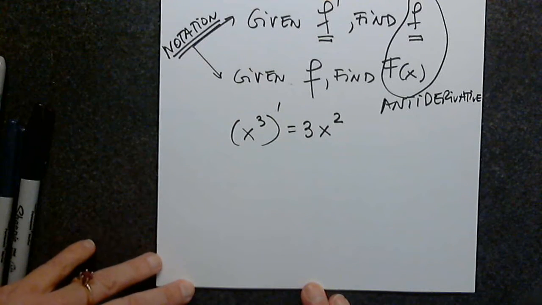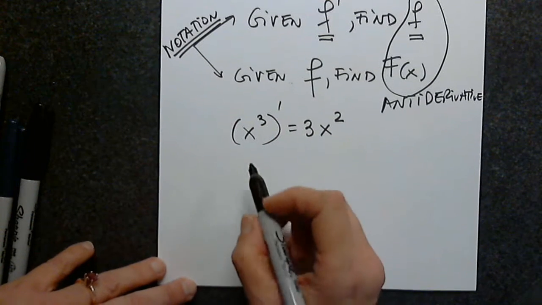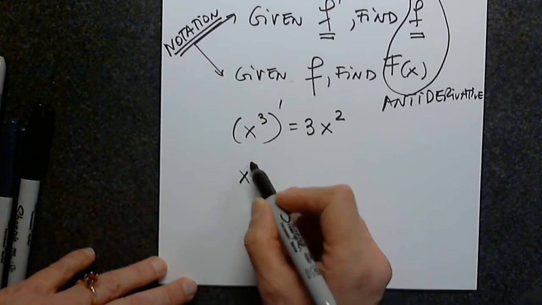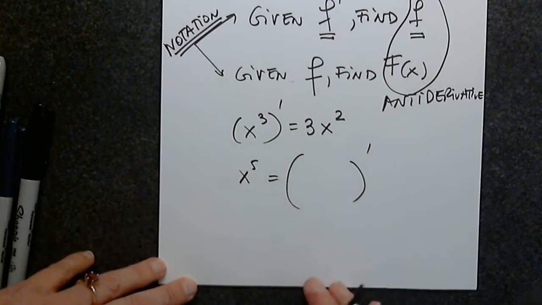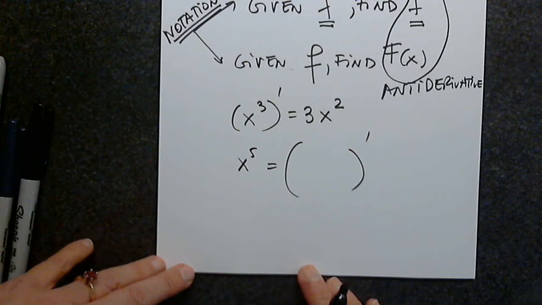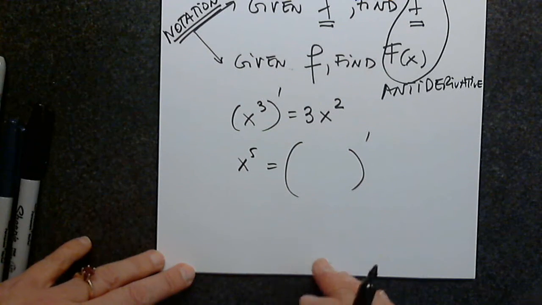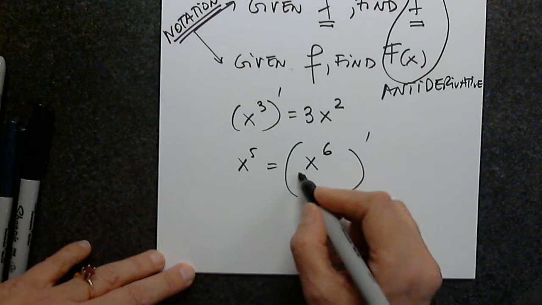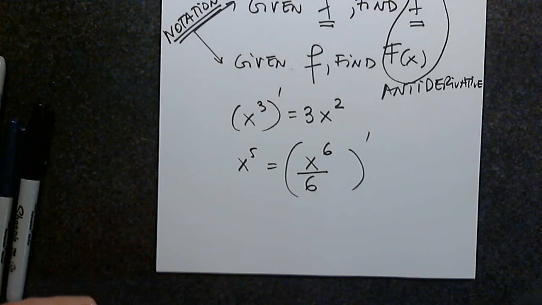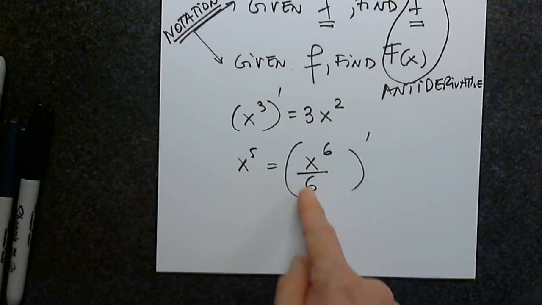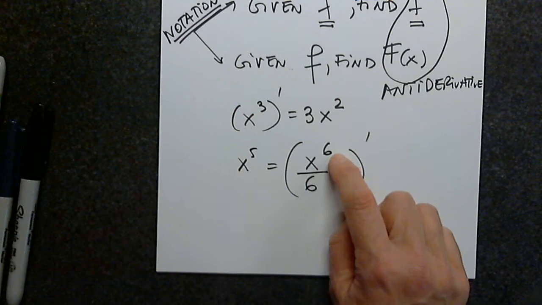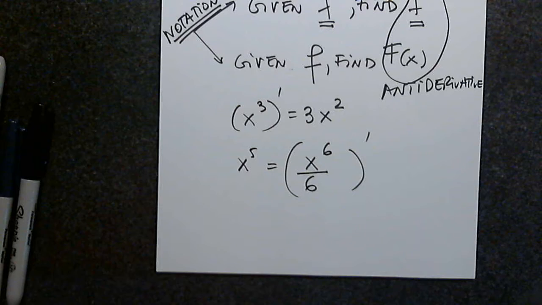Now I want to go backwards. If I'm given, for example, x to the fifth, the question is, which function prime is x to the fifth? Divided by 6, indeed. You bring down 6, you cancel 6, you subtract 1 from the power, and you get x to the fifth.